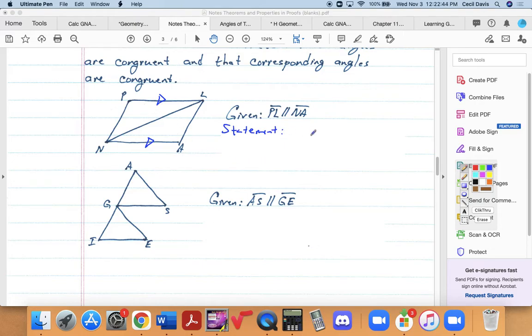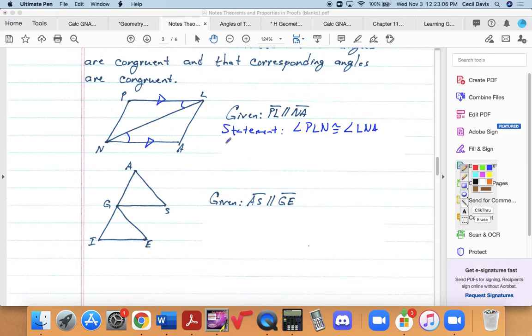If these two are parallel, then what two angles do I know have to be congruent to each other? PLN is congruent to what? LNA, okay. These two angles are congruent to each other.